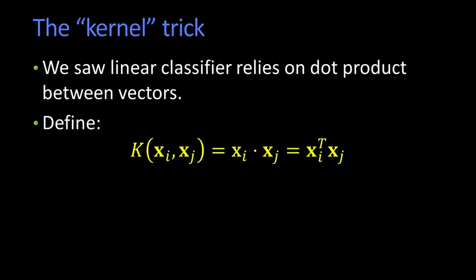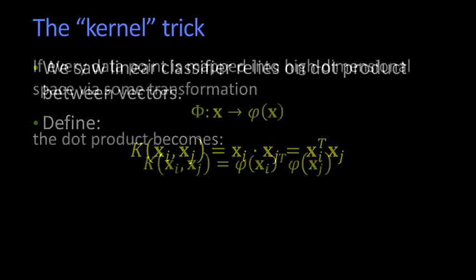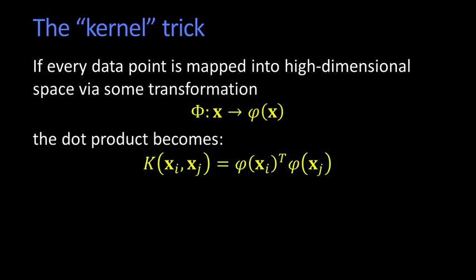So let's define some function k of 2 points, xi and xj, as just being the dot product between them. If I map a data point to some high dimensional space, so my function phi maps x to phi of x, then the dot product k of xi, xj would become phi of xi transpose phi of xj.